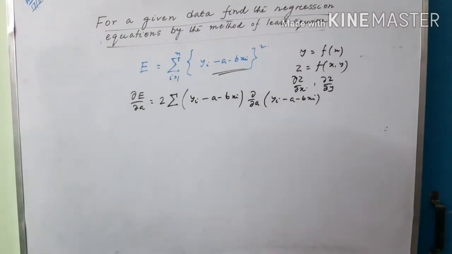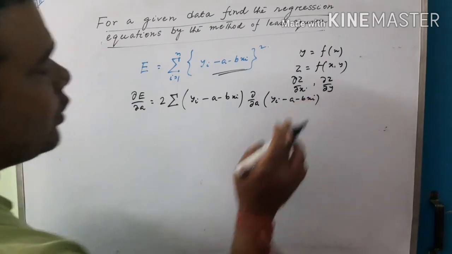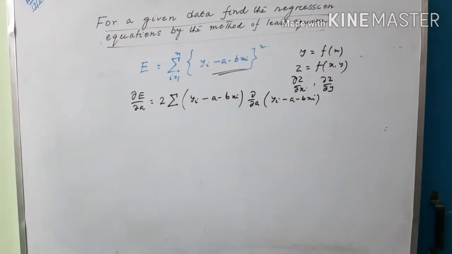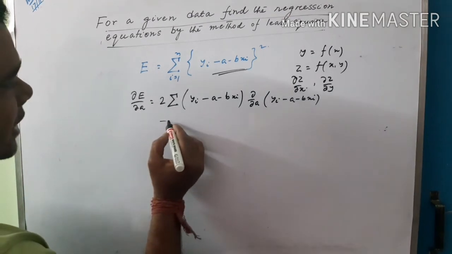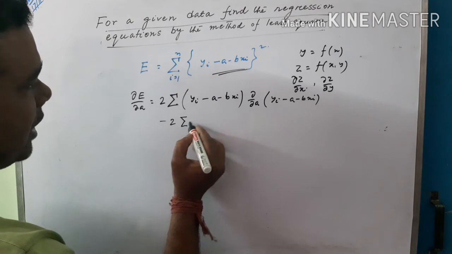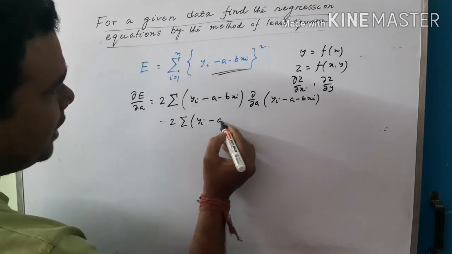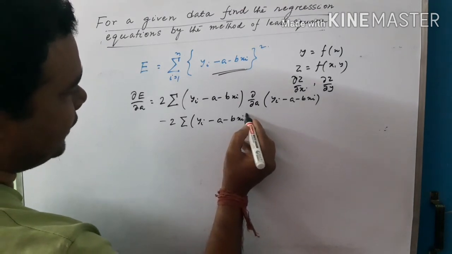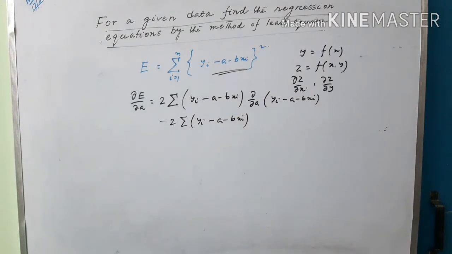See that here only a is variable and the others are constant, so these two constants have derivative 0 and minus a with respect to del a has derivative minus 1. So this result is minus 2 sigma (yi minus a minus bxi), and this is the first order derivative.